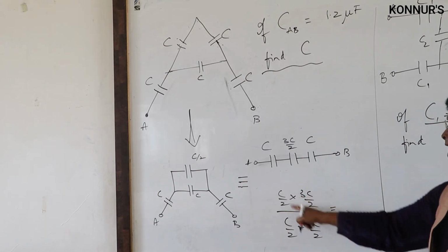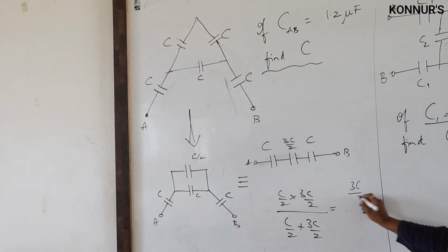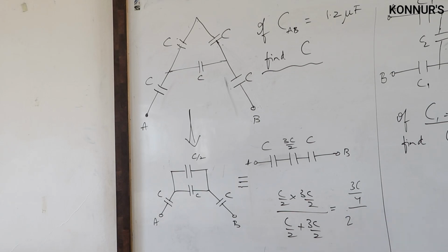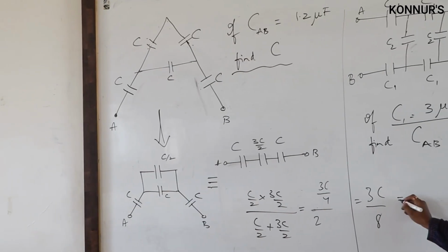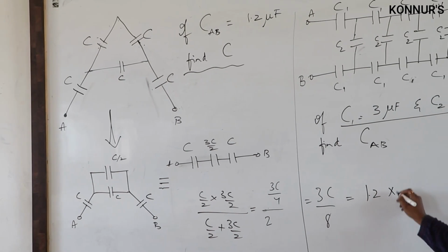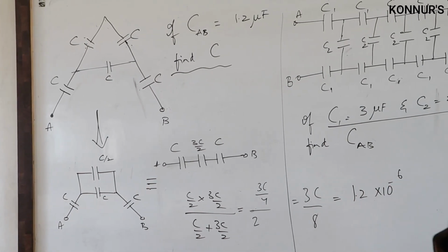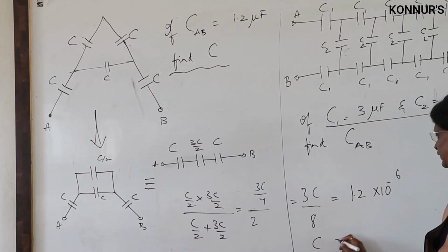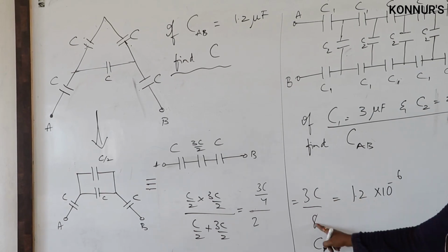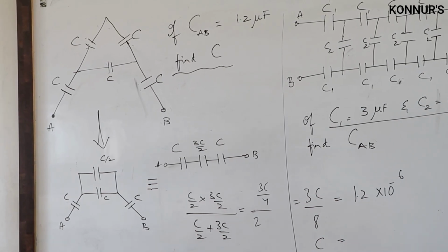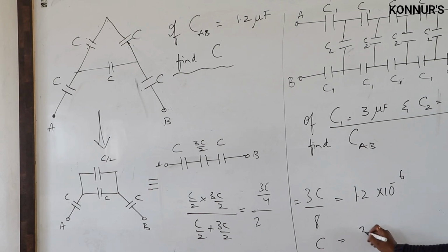This is 3C by 4 by 2, right? So its answer is 3C by 8. 3C by 8 is given to be 1.2 microfarad. Therefore the value of C is 0.32.